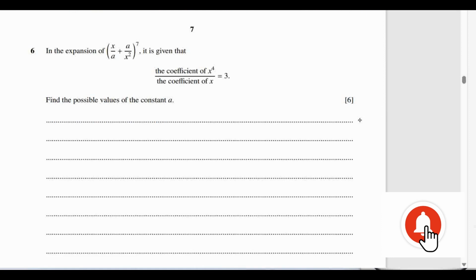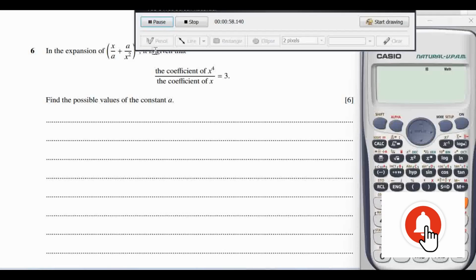Okay, let's move on to question number 6. Question number 6 is: in the expansion, it is given that the coefficient of x^4 divided by the coefficient of x is 3.